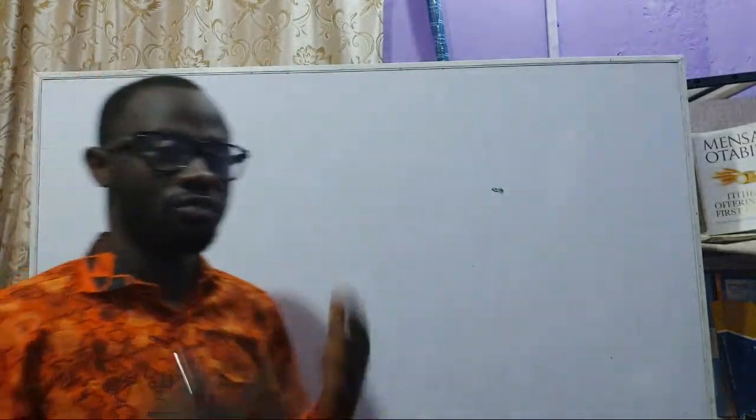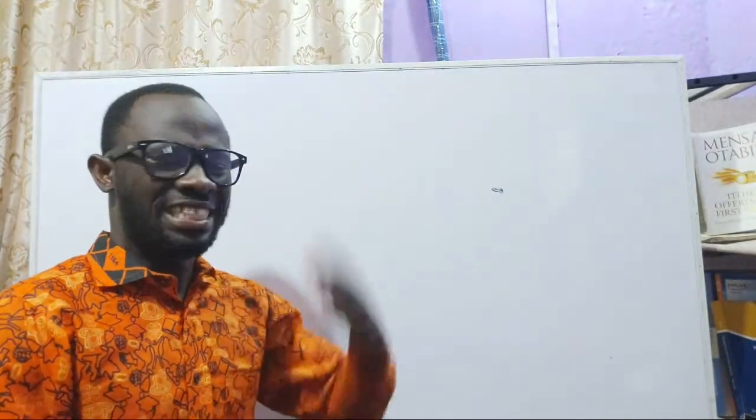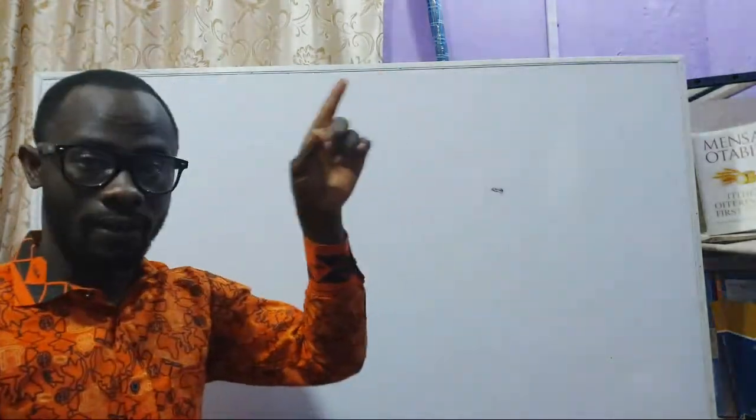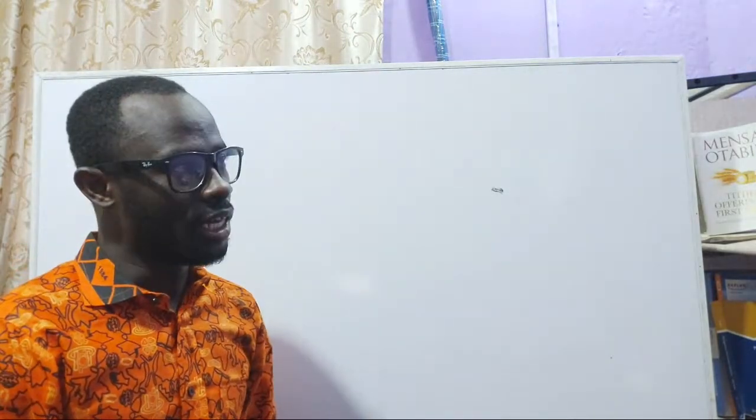Right, so we started with a part 1 of the interpretation of financial statements, and in case you did not watch the part 1, I'm going to link that in the icon there.